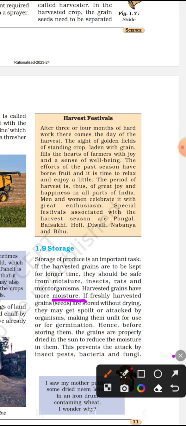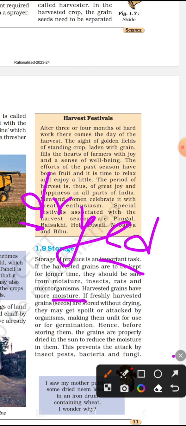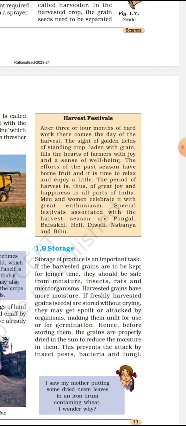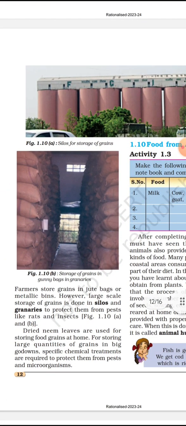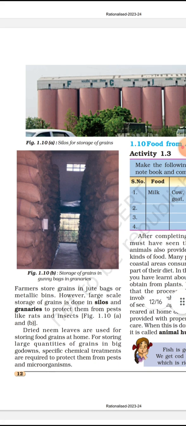So they should be dried so that the moisture is fully gone and we can prevent the attack. They are also stored in godowns or granaries, gunny bags, jute bags, and metallic bins. On a large scale we use silos or granaries. Dried neem leaves are also used.